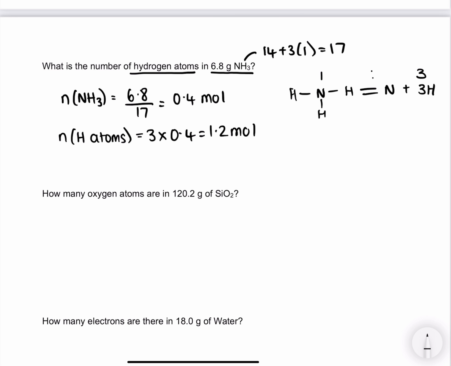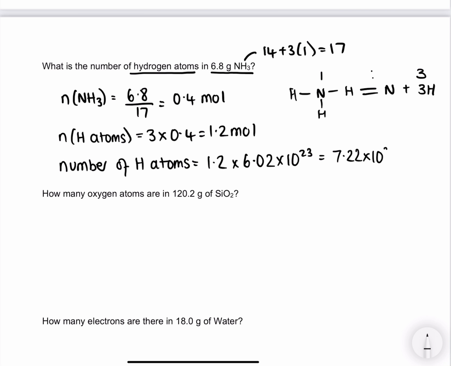So the actual number of hydrogen atoms, which is our particle here, we'd have to times 1.2 moles by Avogadro's number to find out how many we actually have. And we're getting 7.22 times 10 to the 23 atoms.